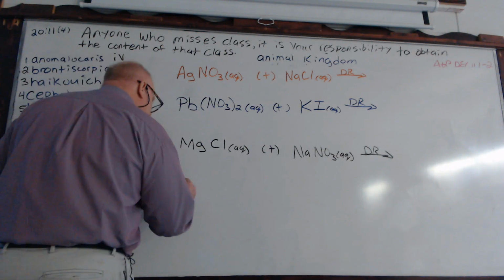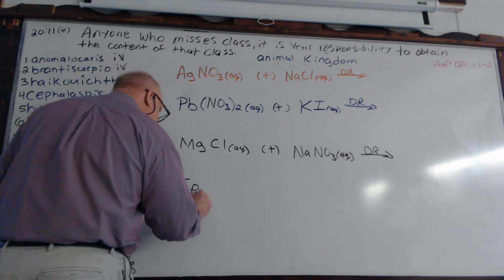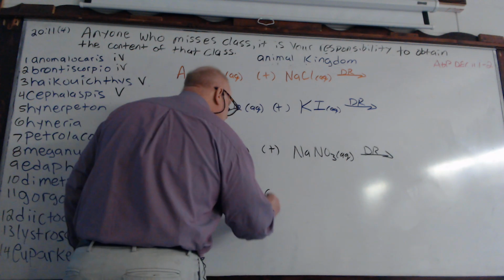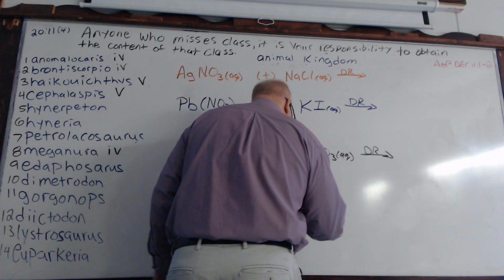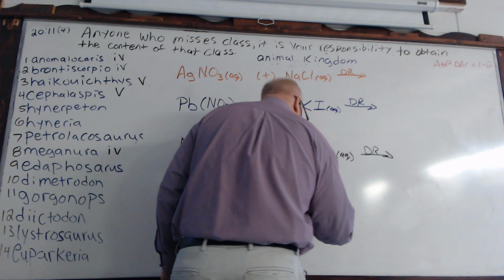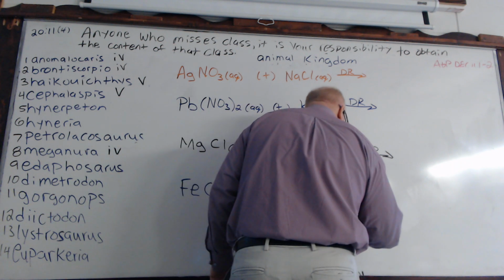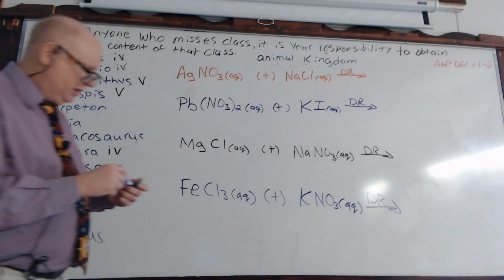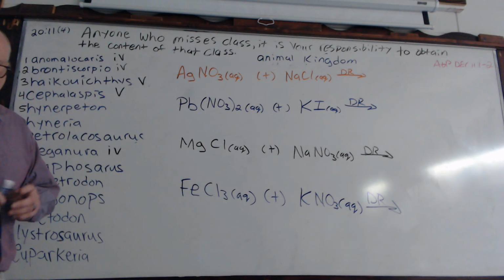We said iron 3 chloride, and it's still dissolving. And we have some potassium nitrate, which is also in an aqueous solution. So double replacement, and we shall see what happens.